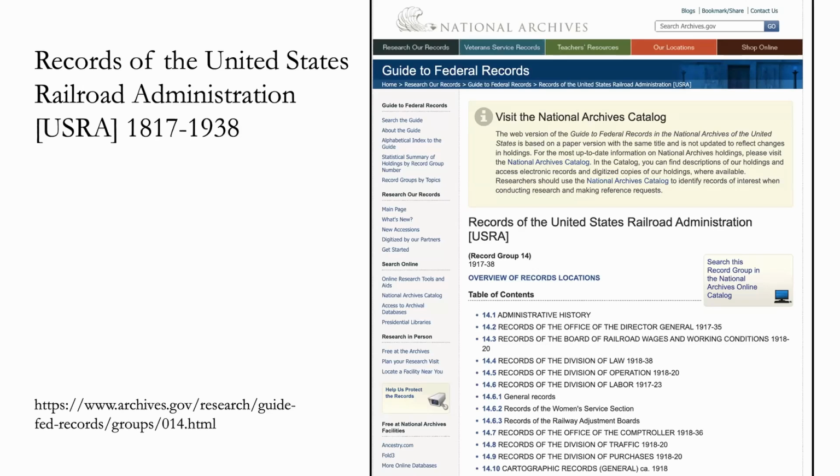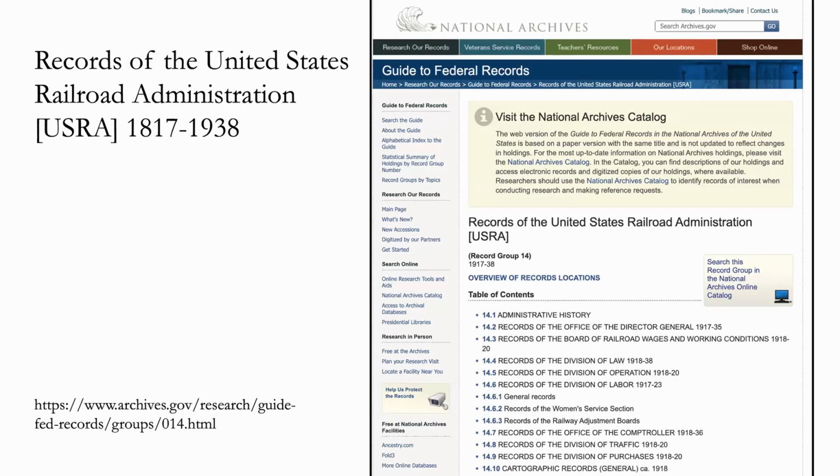These are all records about the operation of the railroad. Or these records are, yes, all personnel records, and you would have to search through them by date and then by location. That may be possible with some of these records. And perhaps you have to learn where the records were kept by the agency, like in this case the United States Railroad Administration, how they kept their records and what kinds of records were kept.